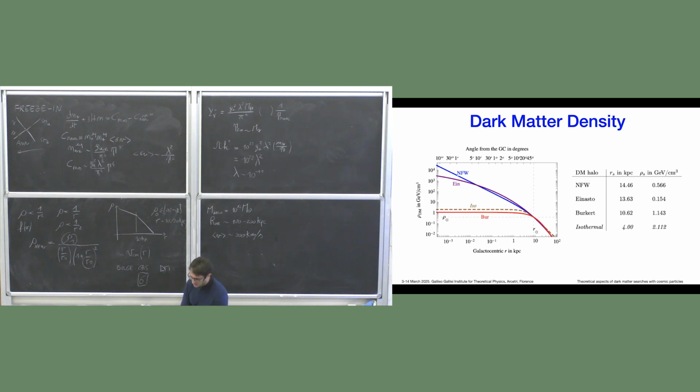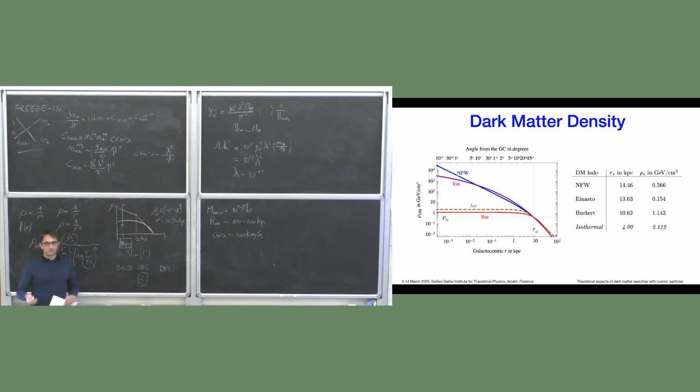There are in particular cored profiles like the Burkert or the isothermal that are flat in the inner part of the galaxy. In the inner part of the galaxy, actually, you have a big uncertainty. The main reason for this is that the rotational velocity data are available basically above 1 kiloparsec.